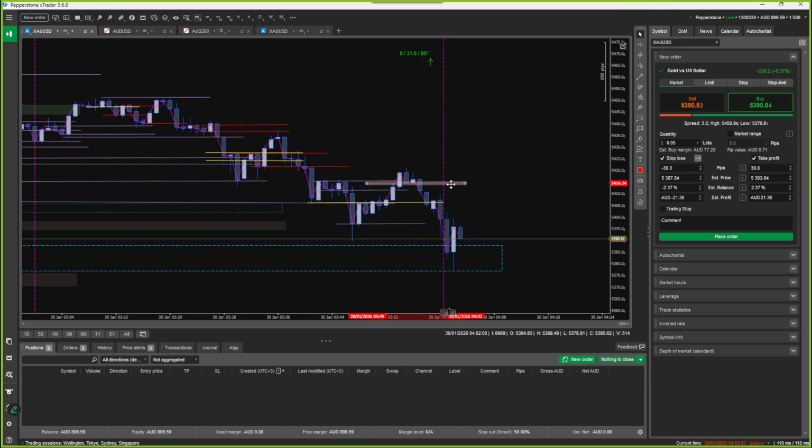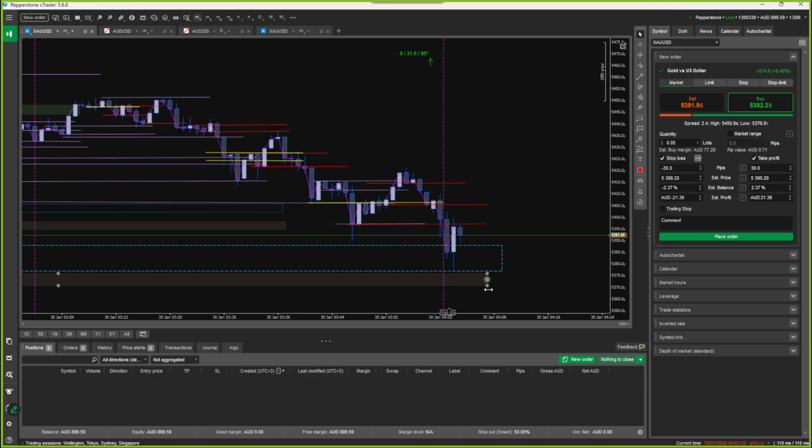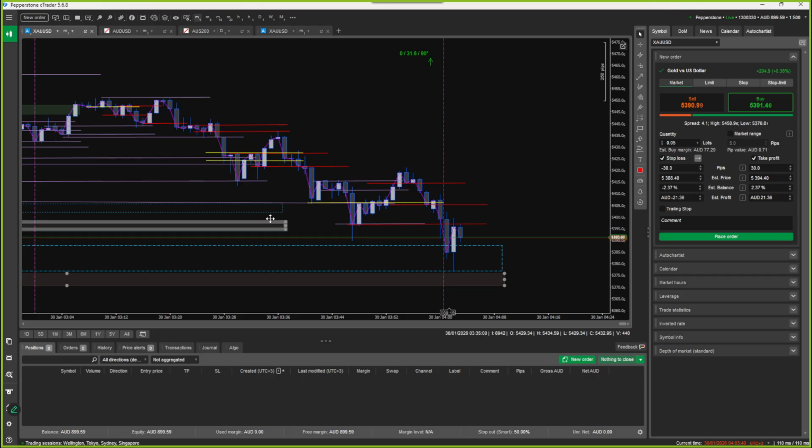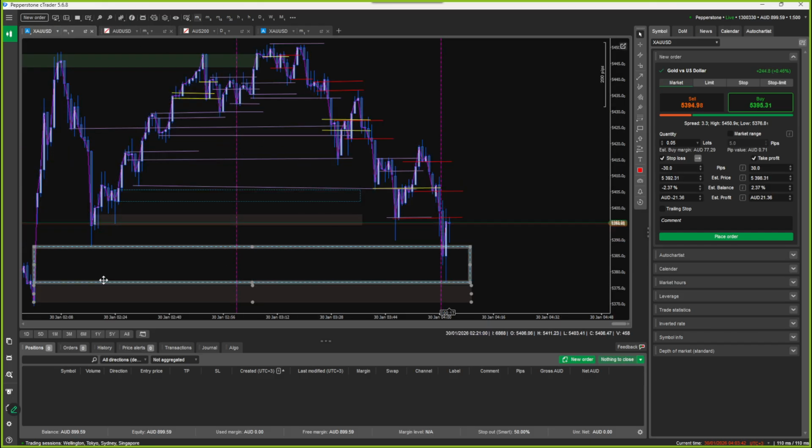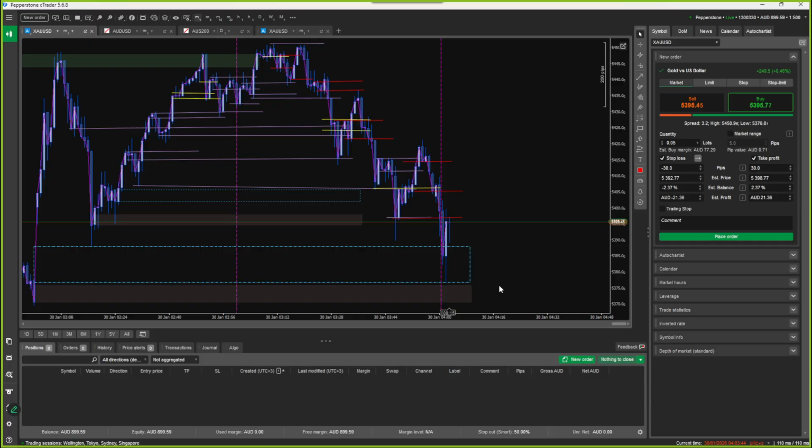Well, you got a couple. You got the red line, and then another one there, and a much bigger one just sitting in there. Right, and it's gone straight into a gap and a pocket of liquidity, which is from earlier in the session.